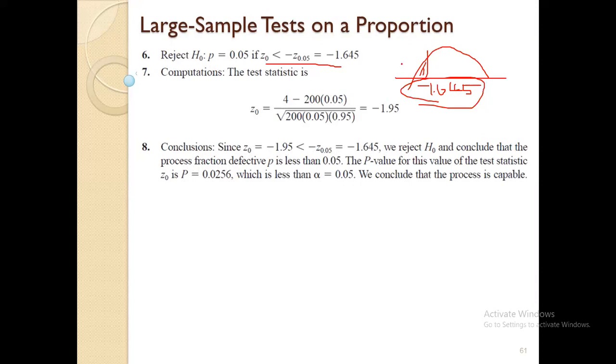That means we conclude that the process fraction defective is less than 0.05, which meets the requirement.